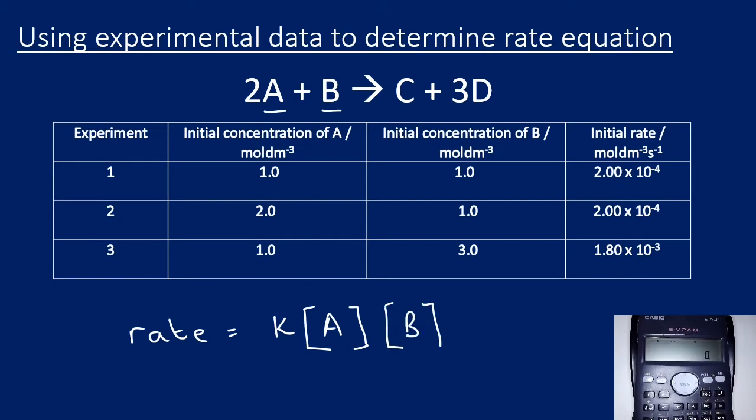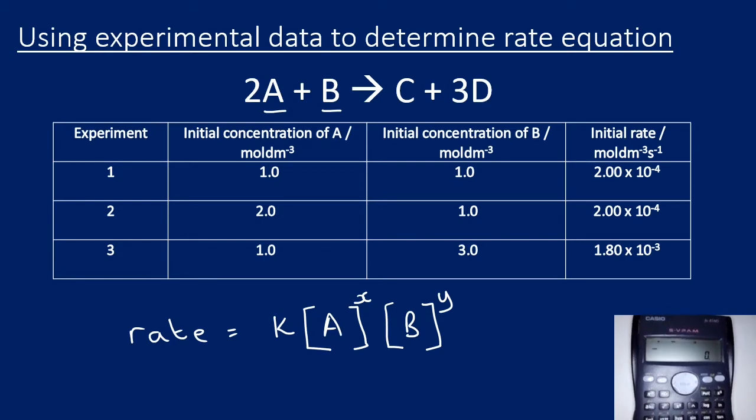And each reactant will have a specific order. So the rate equation is going to look something like that, where x and y are the orders with respect to A and B. We also know that x and y have to be either 0, 1 or 2.